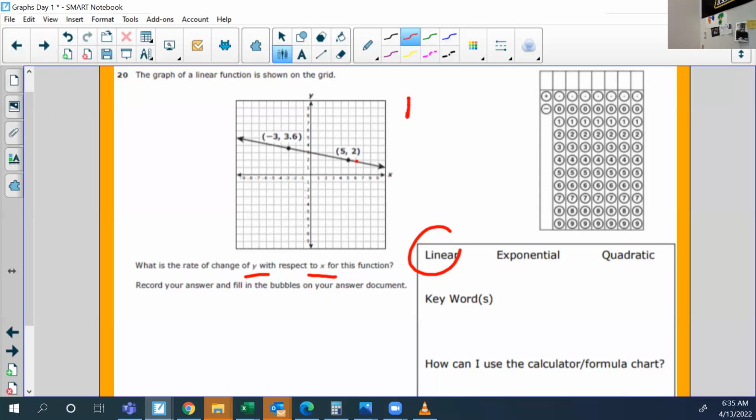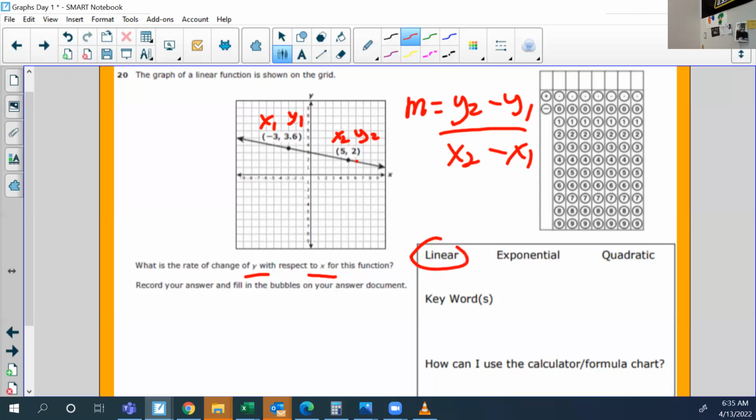And so we have m is equal to y2 minus y1 over x2 minus x1, all right? If I say this is my x2, that's my y2, my x1, my y1. So let's plug in the numbers now. Y2 is 2, good, minus my y1 which is 3.6, over my x2 which is 5 minus my x1 which is minus 3.